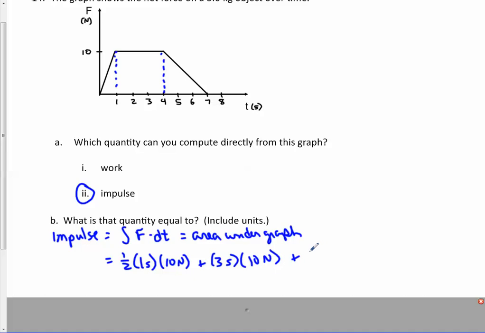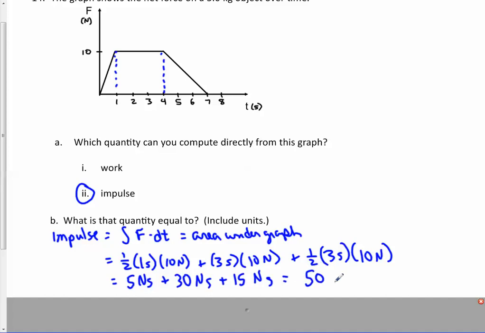And then the triangle on the right, 1/2 times 3 seconds for the base, and again 10 newtons for the height. So we get 5 newton seconds plus 30 newton seconds plus 15 newton seconds, which is 50 newton seconds. So that's the impulse, 50 newton seconds.